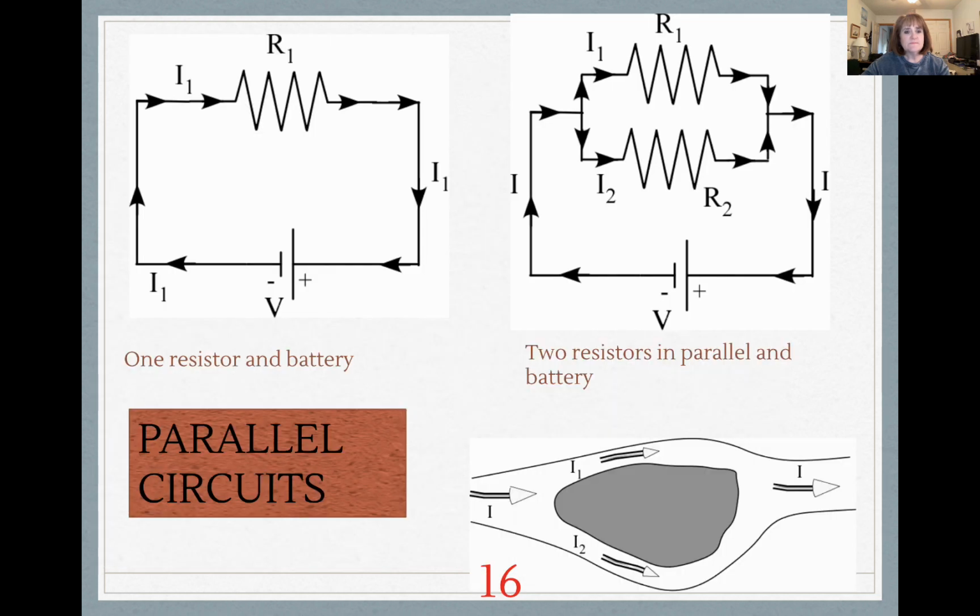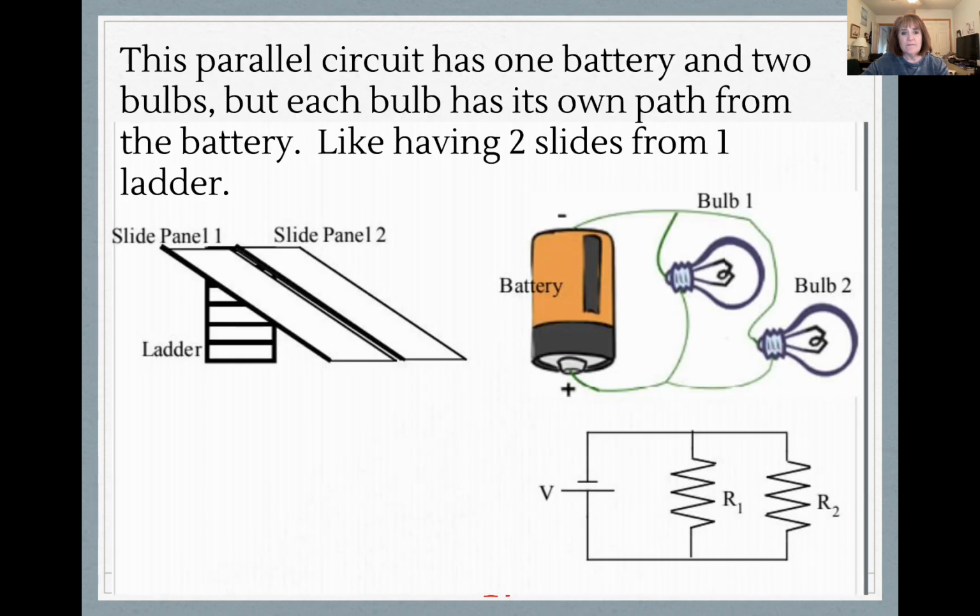The second kind is a parallel circuit. Think of a parallel circuit as having more than one path, like the lake going around an island in the middle of the river. It's like a ladder with two parts to the slide, two separate slides, because the electricity has more than one path it can follow.